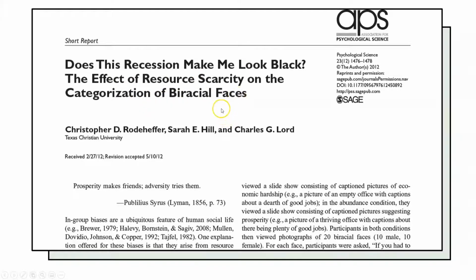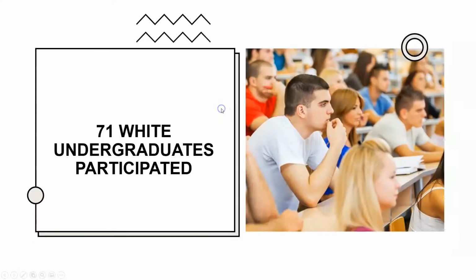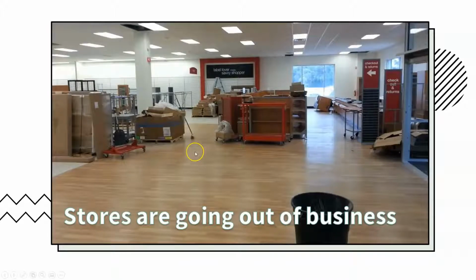And the way this study was run, there were 71 white undergraduate participants who were shown slideshows that primed them to believe that there was either an abundance of jobs and resources in the economy or a relative dearth or scarcity. And so they saw pictures like this that were empty offices or empty stores, and they would read things that said things like stores are going out of business.